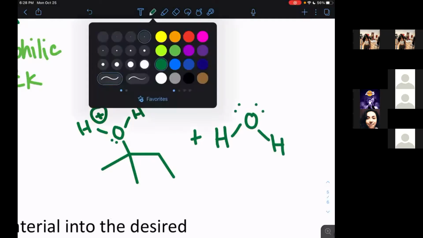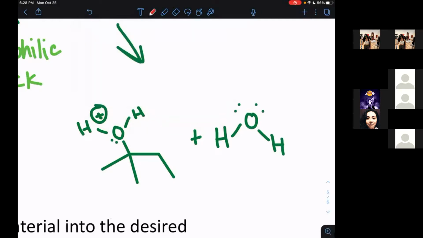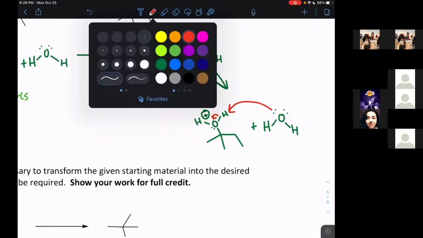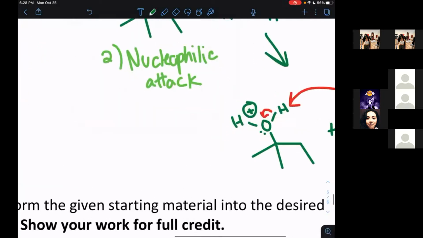So this one goes up to this hydrogen, and then these electrons grab, or well, I should send them. Okay, it grabs this hydrogen. So then I'll go this way, I guess.